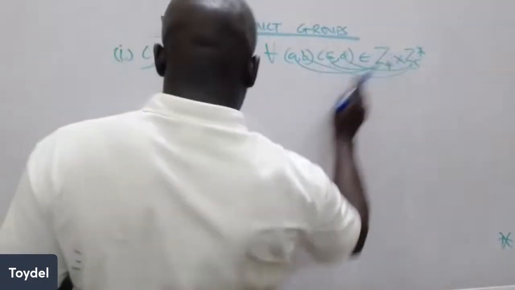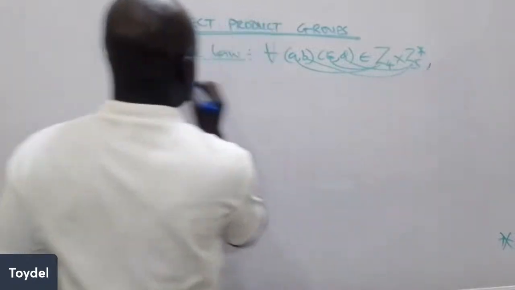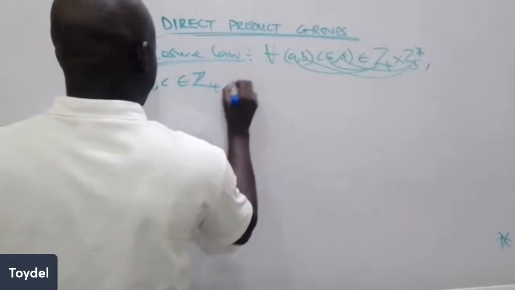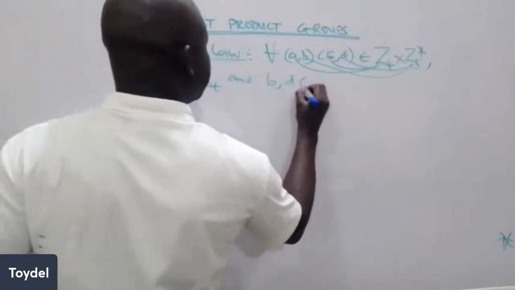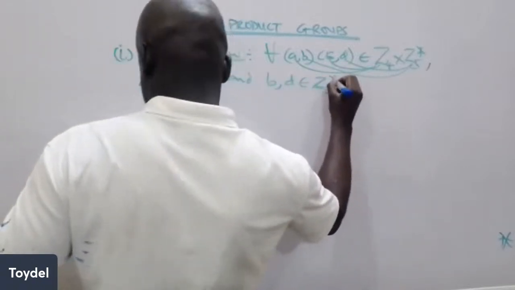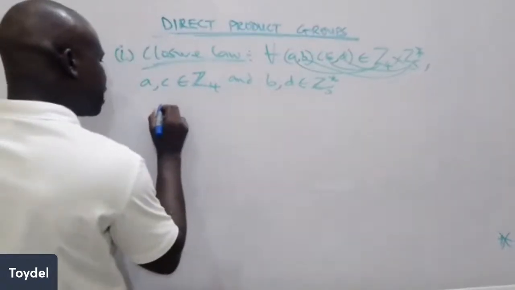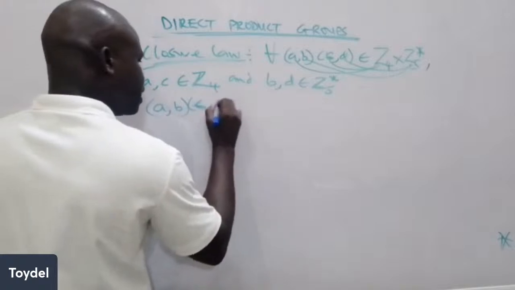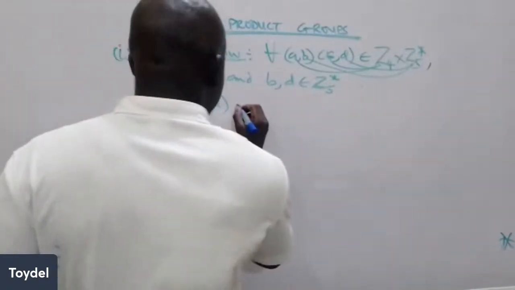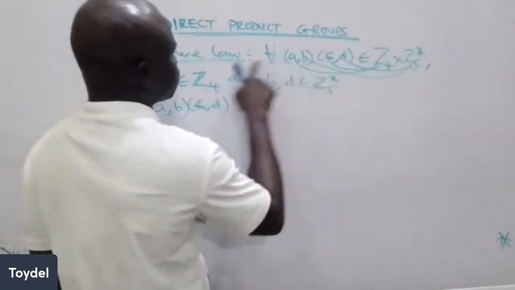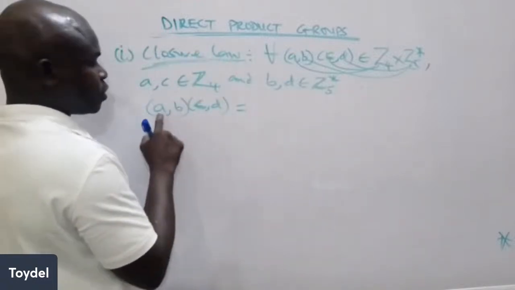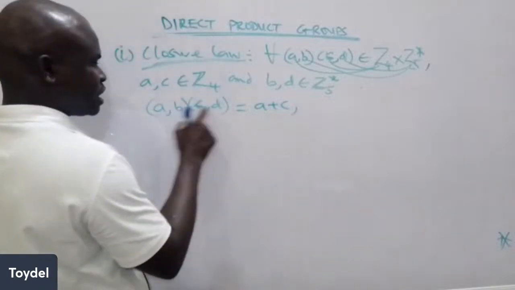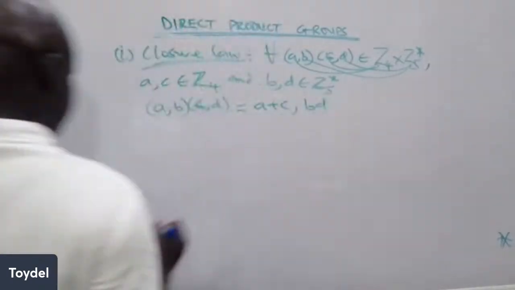For all of these, we know that A, C belong to Z4 and B, D belong to Z5 asterisk. Then what can we say about (A,B) into bracket (C,D)? This will be equal to, under the first one, the binary operation of Z4, which is addition, A plus C, and the second one is multiplication, BD.